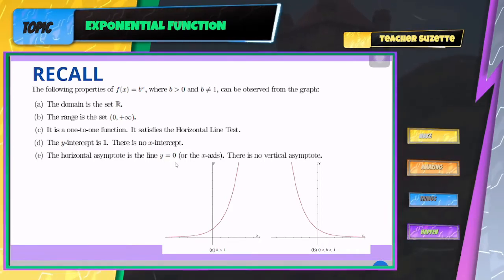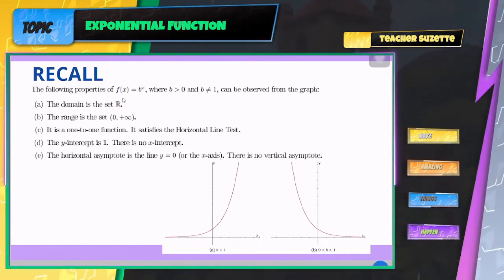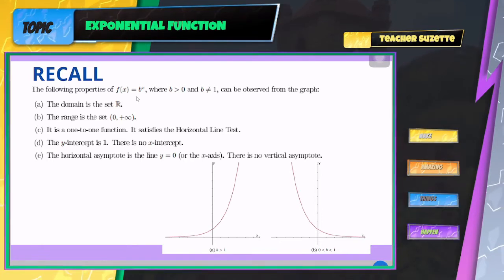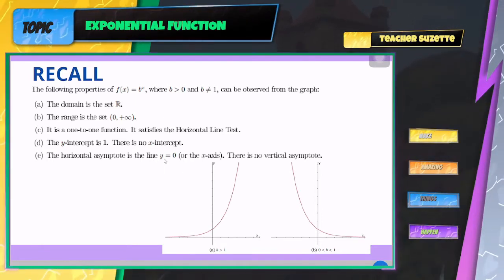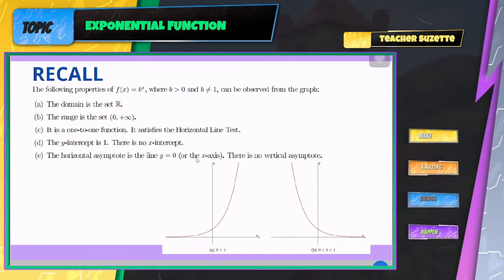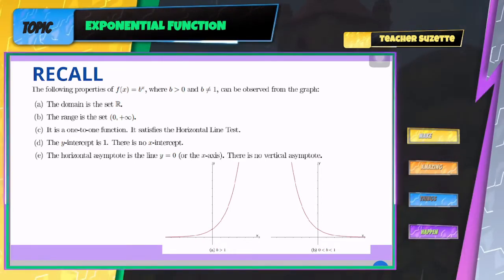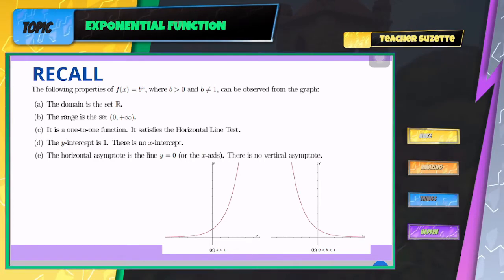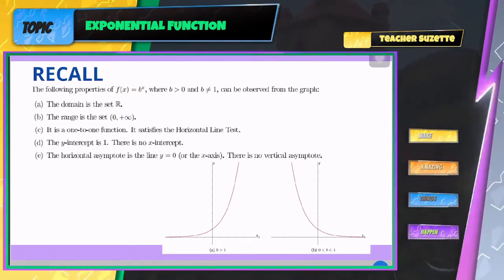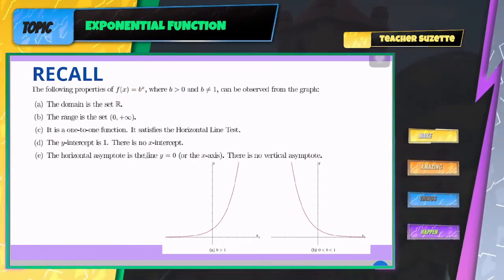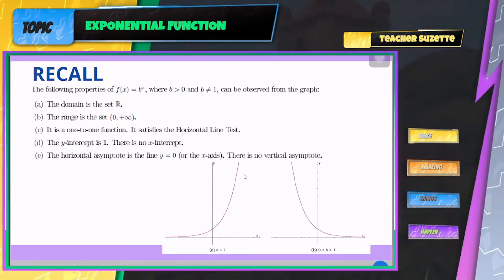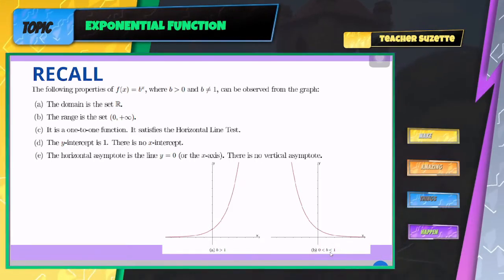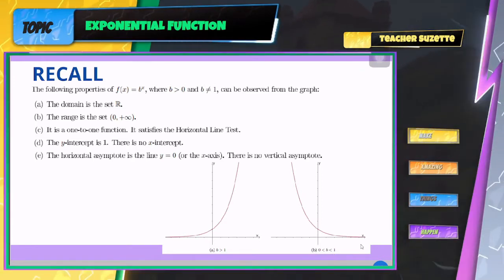And for this situation, in the basic form of our exponential function b raised to x, the horizontal asymptote is y equal to 0, or the x-axis. Aside from that, we have also seen how the graph of f of x is equal to b raised to x looks like when our base is greater than 1 and when our base is between 0 and 1.